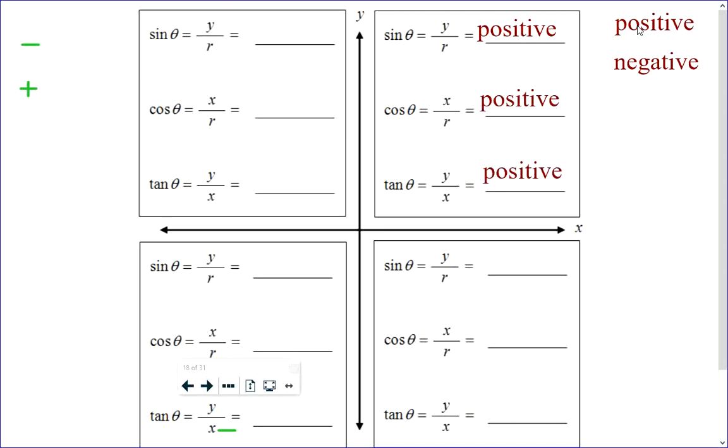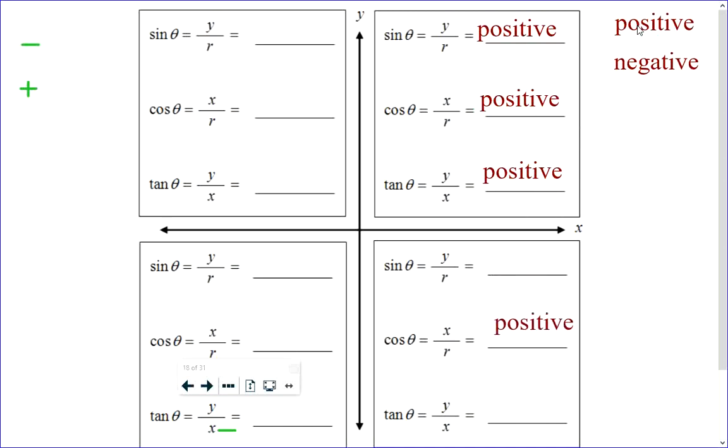I'm going to approach it from a different standpoint. Let's talk about cosine of theta. Cosine of theta is related to x. It's x over r. So in these two quadrants that I'm pointing at here, 1 and 4, that's where x is positive. So cosine of theta is positive in those two quadrants.